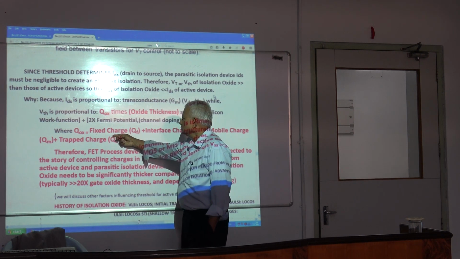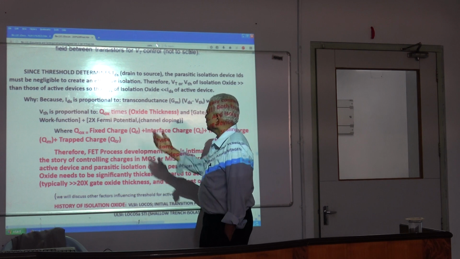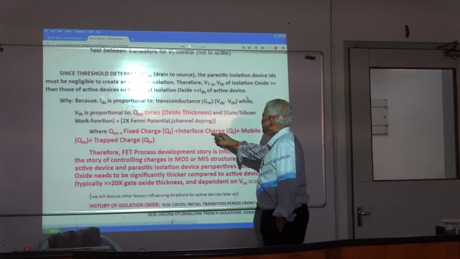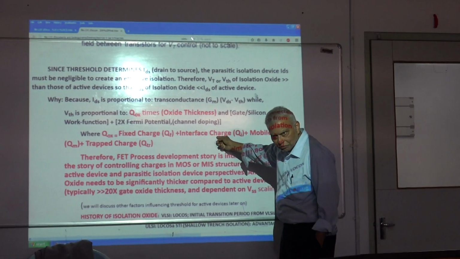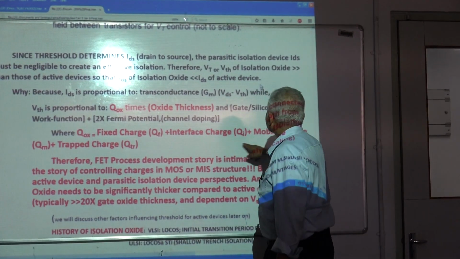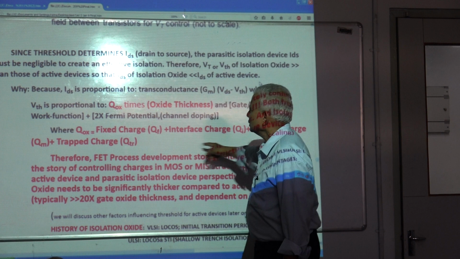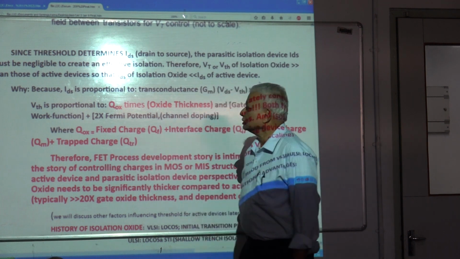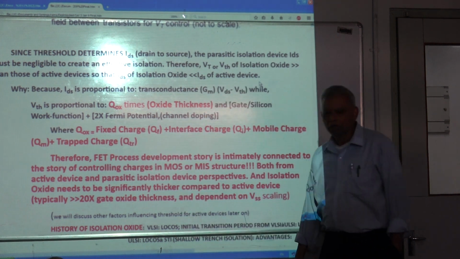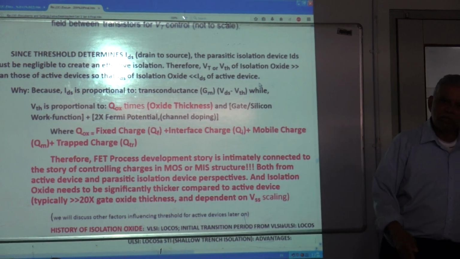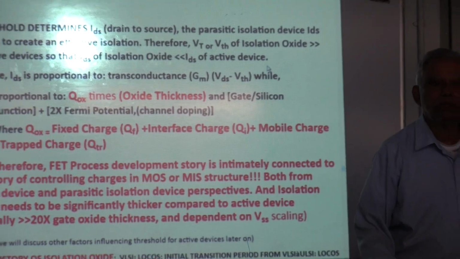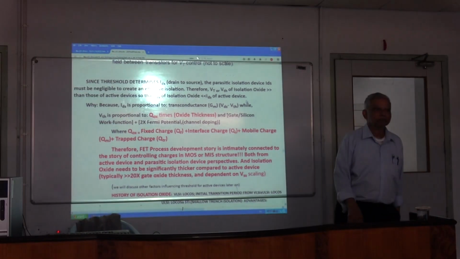Charges have to be low, because charges lift up the thresholds. Interface charge has to be very low, as we spoke about how important interface charge is. Mobile charge and trap charge. All these types of charge are progressively reduced and eliminated to learn the FET technology.